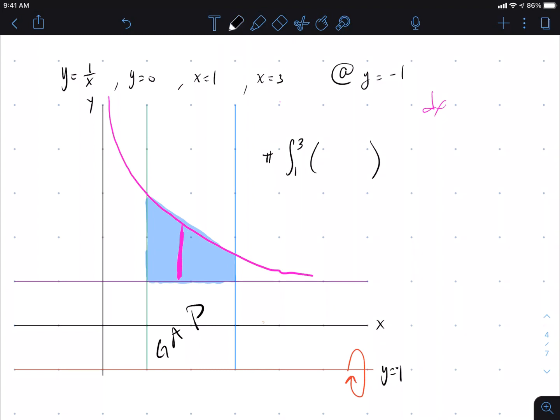So really what it should be is 1 plus 1 over x, that quantity squared, right? Minus, you ready for this? It's the gap distance, 1, and then the inner distance, which is what?